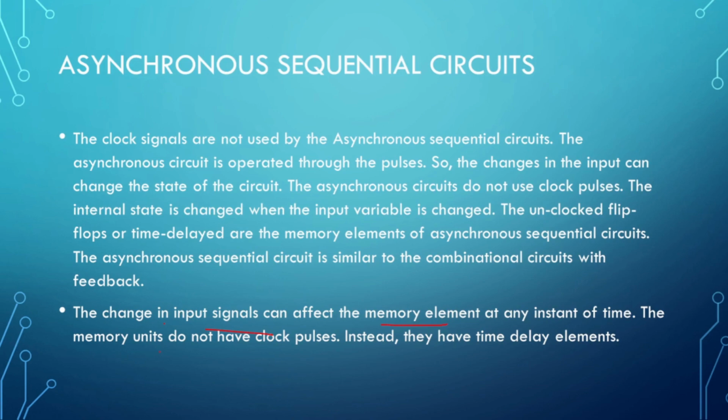Here we will not use the clock. If in a sequential circuit we don't use the clock, it is called an asynchronous sequential circuit. If we use the clock to represent our output, that is a synchronous sequential circuit.